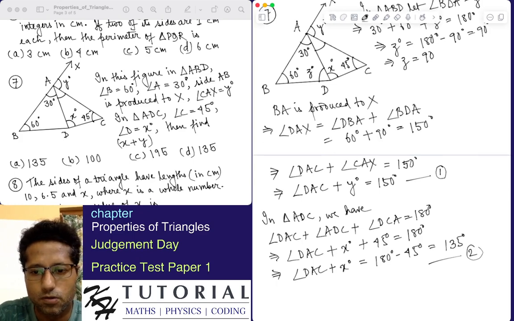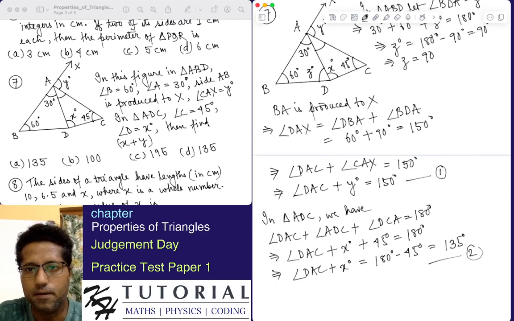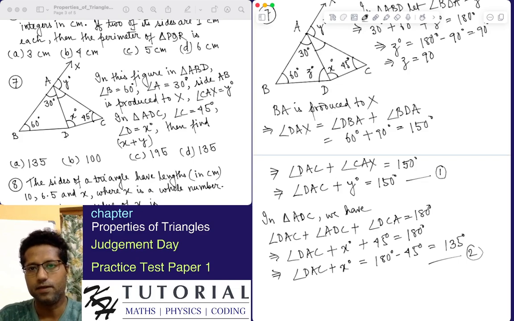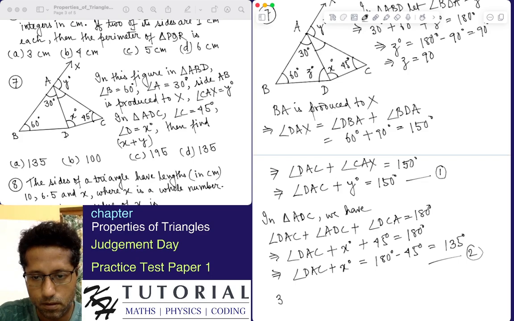So we also have, since BA is produced to X, so BX is a line, and we have the angles 30 degree, that is angle BAD, the angle Y and the angle DAC to be on the same side of the line BX at the point A. So their sum should be equal to 180 degree.